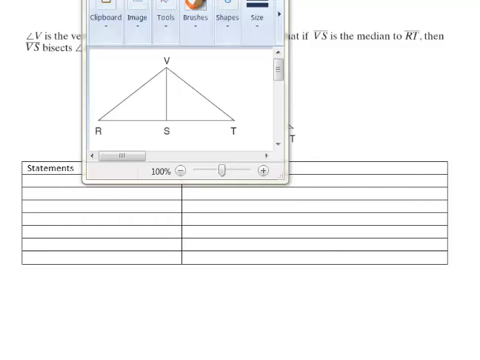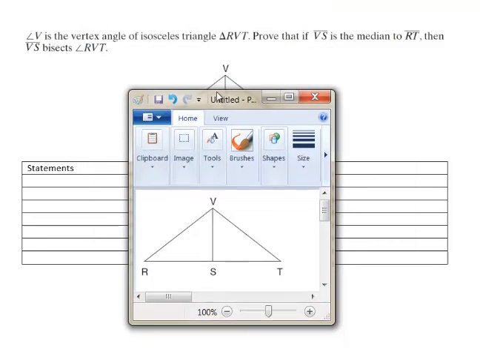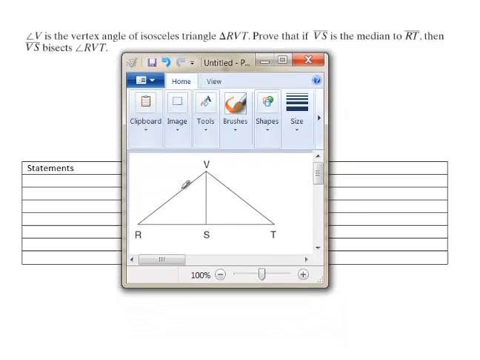So let's look at the rules. I'm having a little bit of an issue trying to figure out where to put everything, but we'll figure it out. Okay, V is the vertex angle of an isosceles triangle RVT. So when we have RVT, V is the vertex angle, which means that this angle is equal to this angle. Now we'll have to state that in our proof. It doesn't inherently come that way.